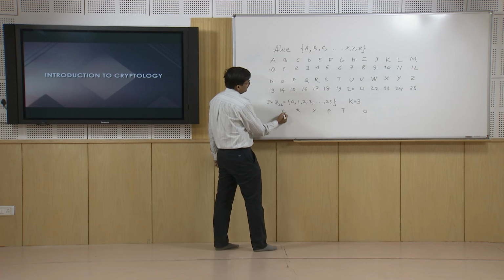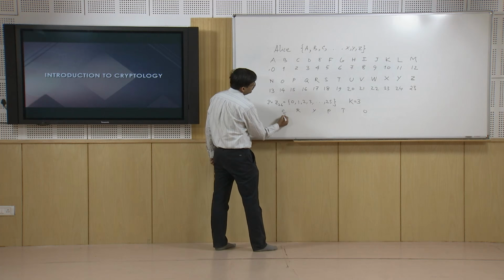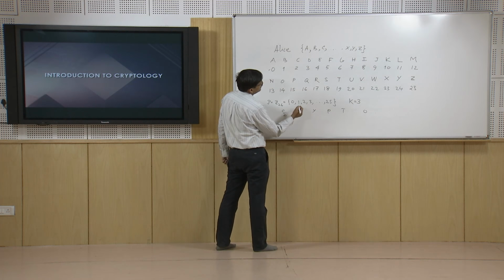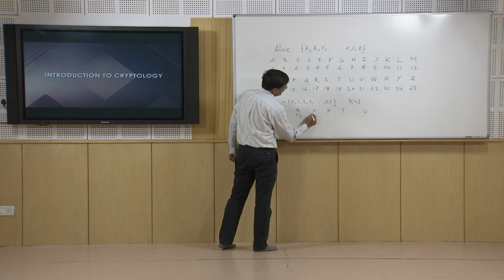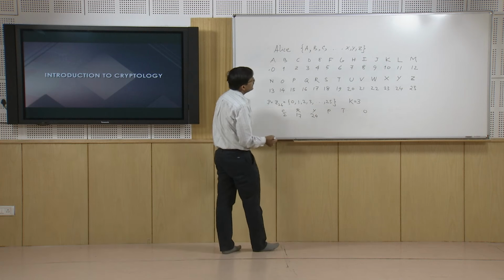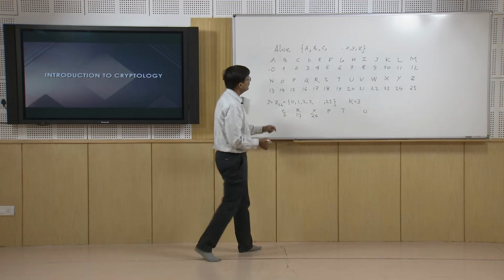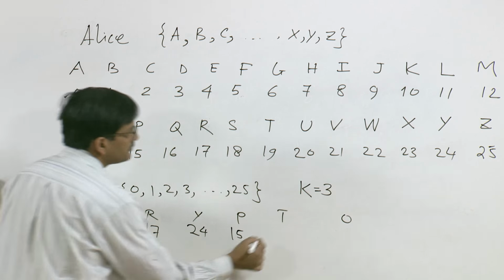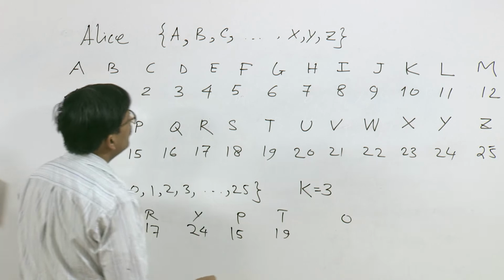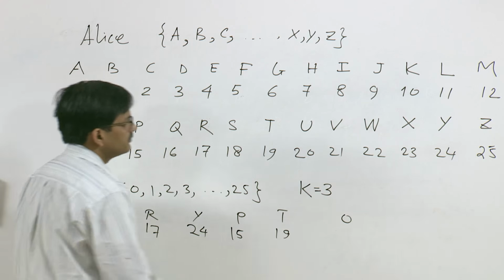So, C is 2, R is 17, Y is 24, P is 15, T is 19 and O is 14.